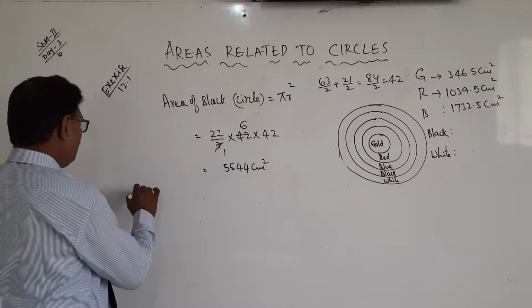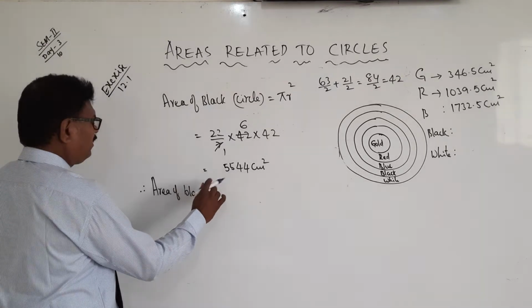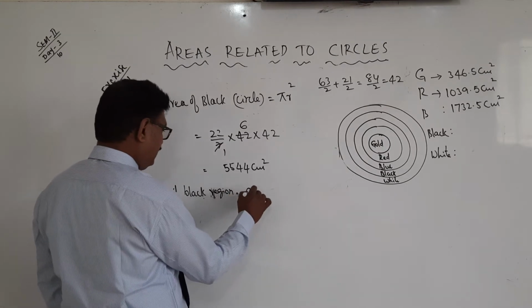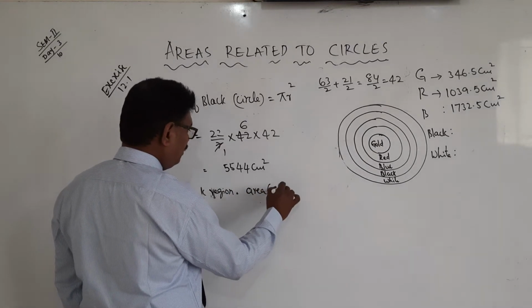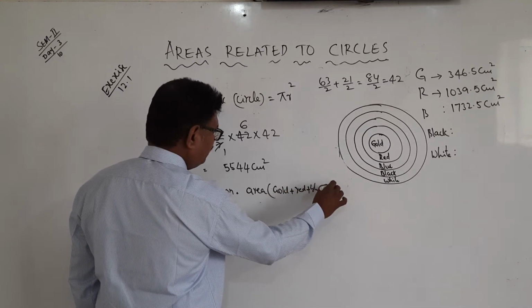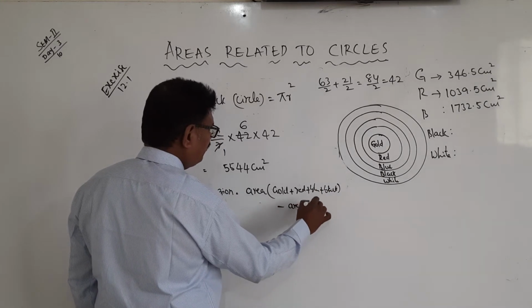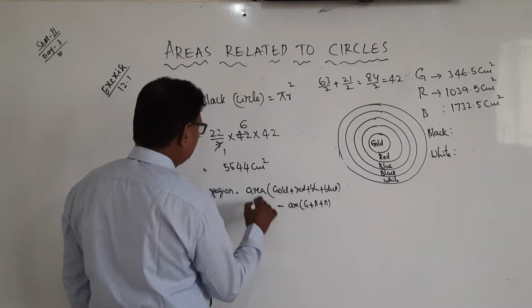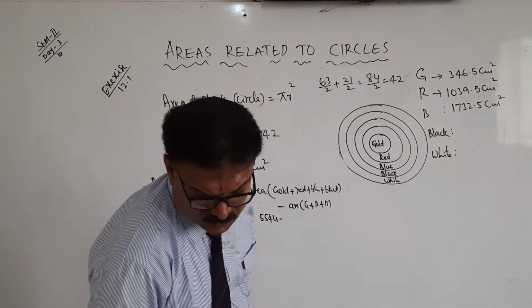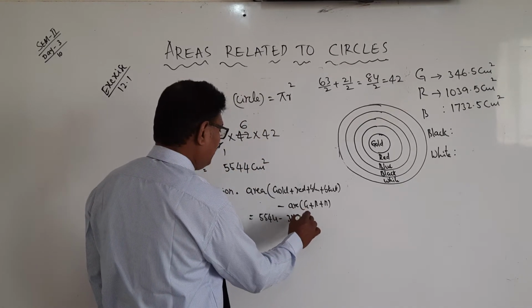Again, therefore, the area of the black region is equal to the area of gold plus red plus blue plus black minus the area of gold plus red plus blue. That is equal to 5544 minus how much we got? 3118.5.